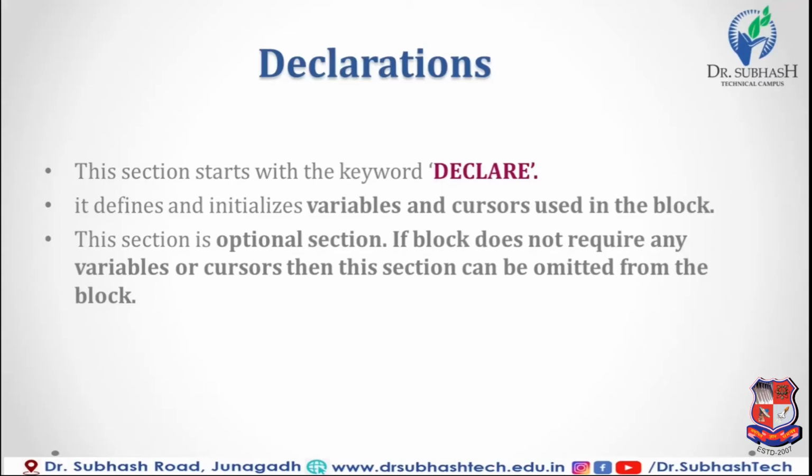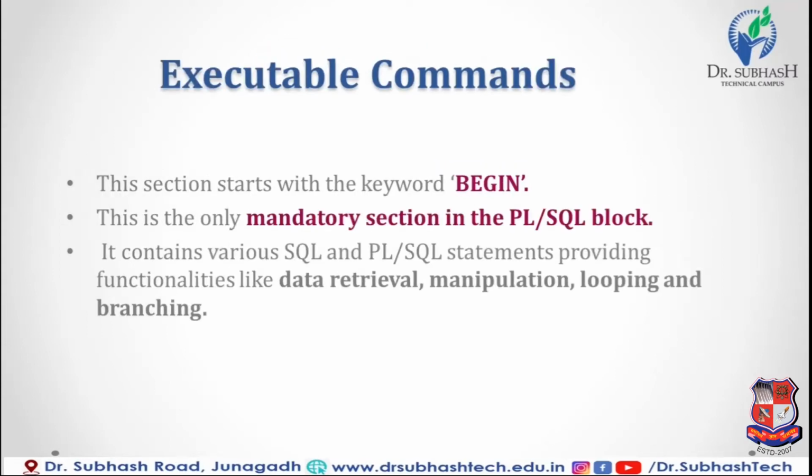How to declare a variable is shown in our next video. And what do we mean by a cursor? We will see it at the end of this video series. This section is an optional part. If the block does not require any variable or cursor, then this section can be omitted from the block. That means the declaration section is not a mandatory part.